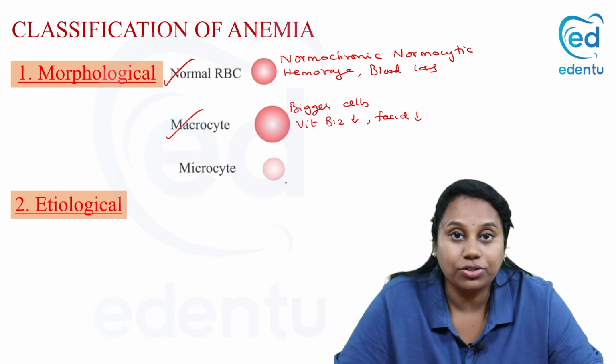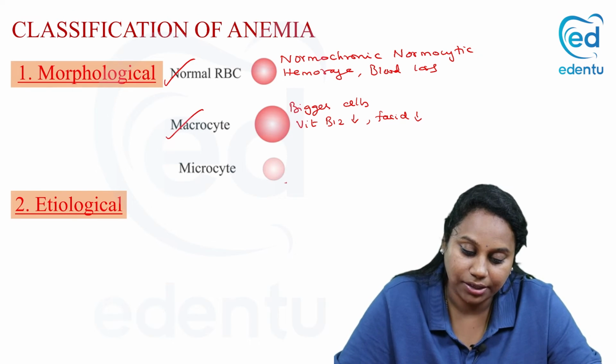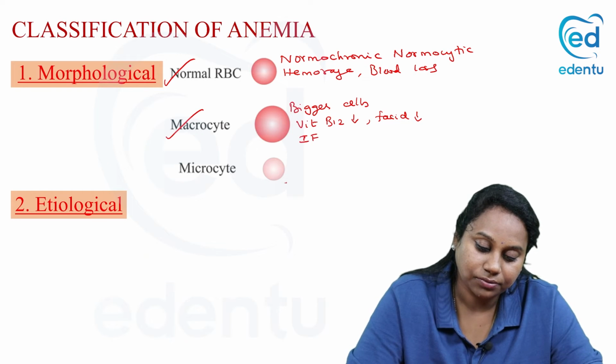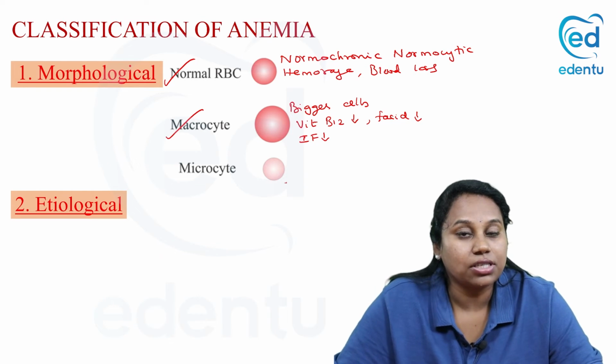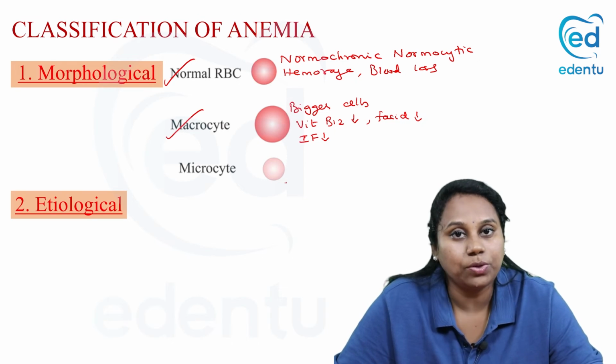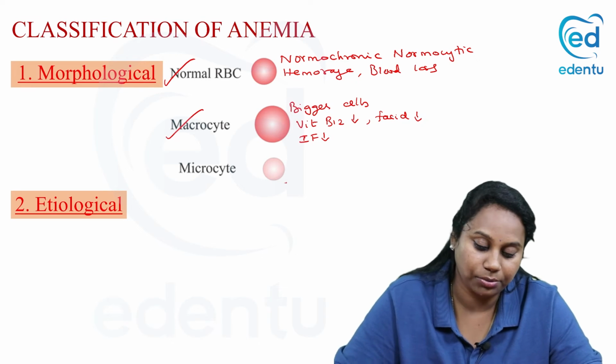If the RBC is not maturing properly, it will stay in a bigger size, resulting in macrocytic anemia, or even intrinsic factor deficiency. Intrinsic factor is produced by the parietal cells of the stomach. If intrinsic factor is deficient, B12 cannot be absorbed. So again, it results in megaloblastic or pernicious anemia.